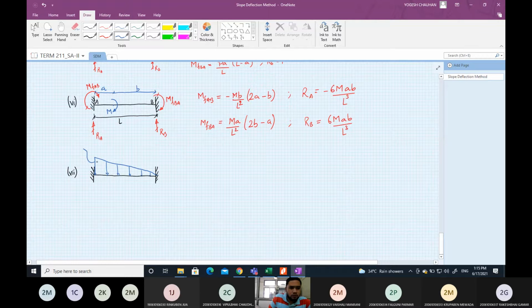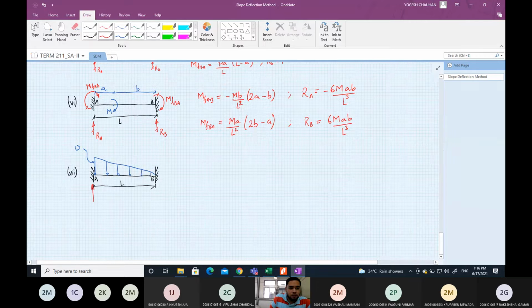Let the intensity of this be W, let this be A, this be B, and L be the span length.